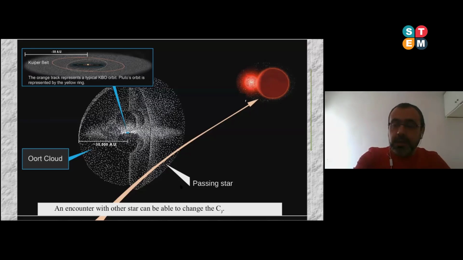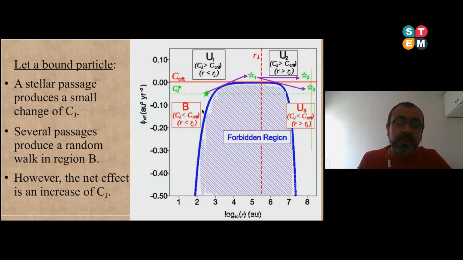So what is the importance of a passing star? Well, a passing star is able to change the energy or the Jacobi constant of the particles of the cloud. Then, returning to our scheme, if we consider a particle here, this green star, a bound particle, then one stellar passage will produce a small change of the Jacobi constant of this particle.